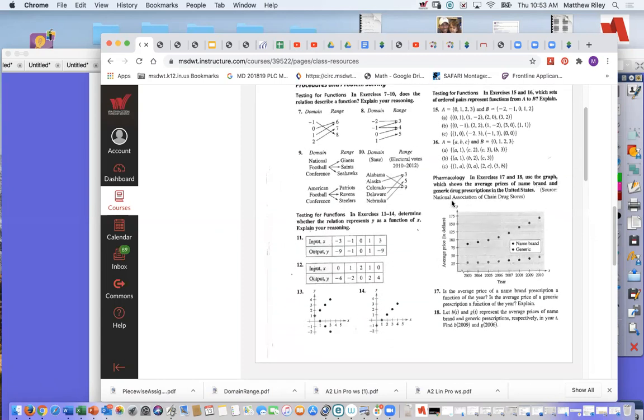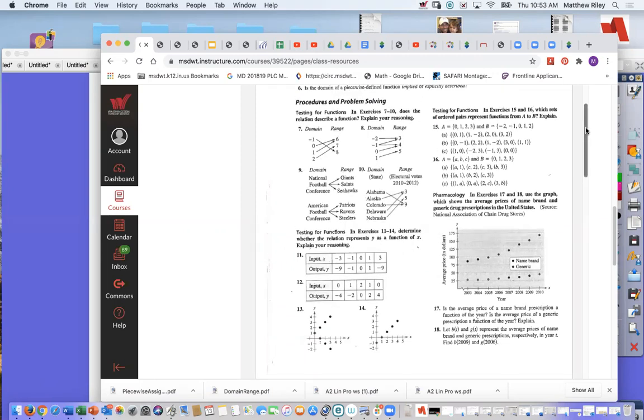So it's pretty simple. Determine whether it's a function or not, yes or no. Explain your reasoning. So you got 11, 13, 15. Ooh, 15, I'm sure there will be questions, but you'll be fine.